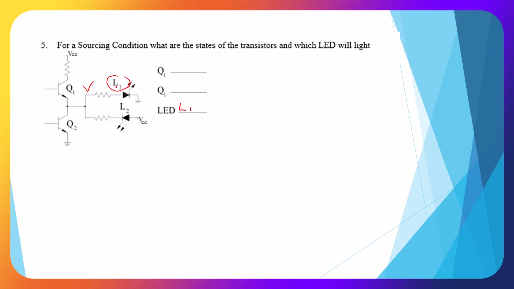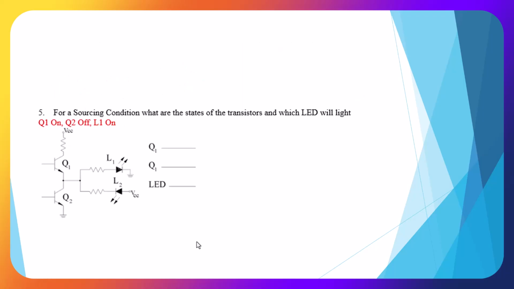In order to get voltage, we need to have this guy, Q1, on. And actually it should be a 2 there, Q2 off. Okay, there's our answer, Q1 on, Q2 off, L1 on, lit.